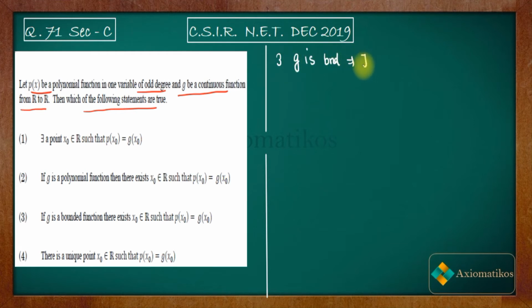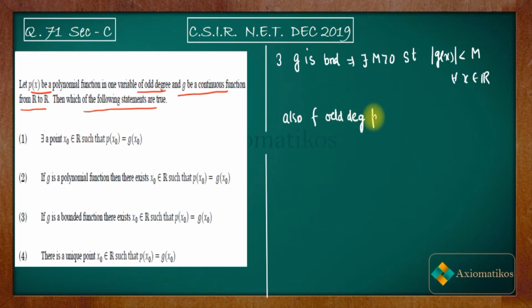It implies that there exists m greater than 0 such that mod of g(x) is less than m for all x belongs to R. Also P is given to be an odd degree polynomial, so it is onto. Any odd degree polynomial is onto.